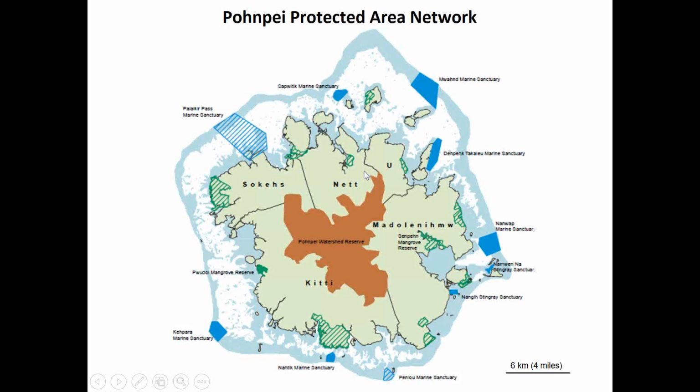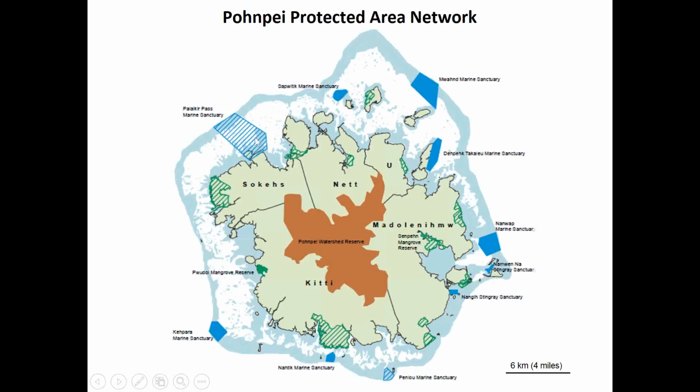So this area here is the main island of Ponape, the green area, and it's surrounded by a big barrier reef. And those blue solid areas are where their existing no-take areas, or their existing MPAs, are. And these hatched areas are all areas where they're thinking about establishing new no-take areas.